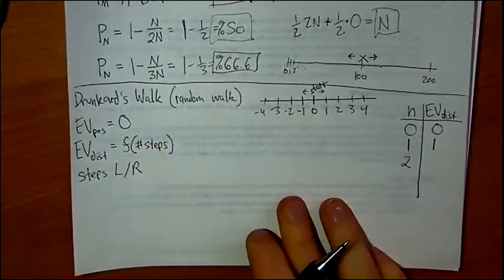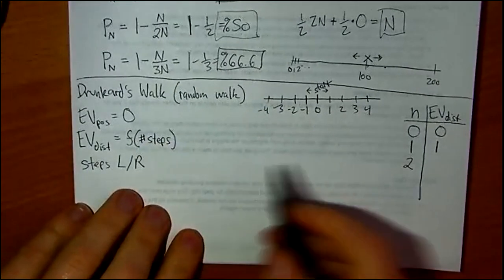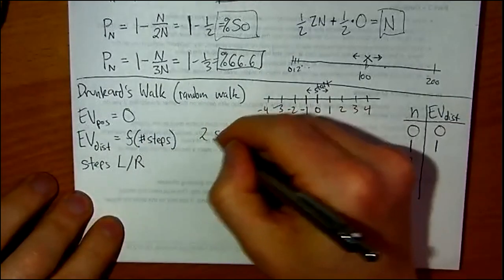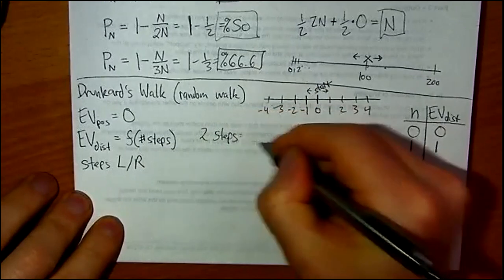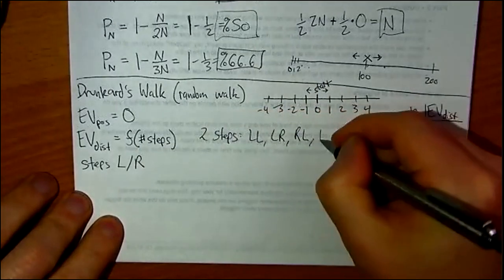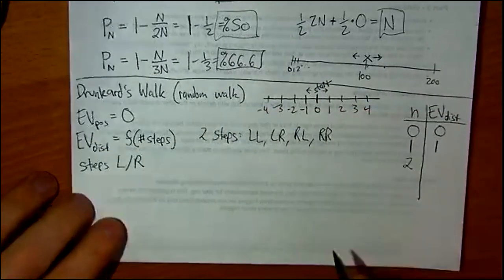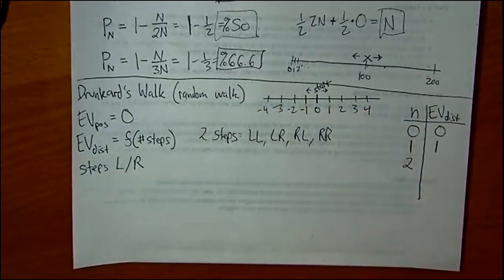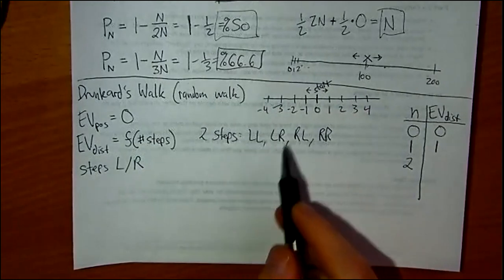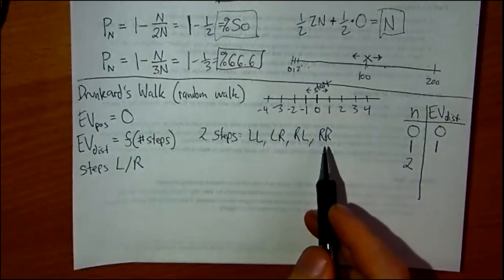Okay, good. So for 2 steps, I could go left, left, left, right, right, left, or right, right. And each of these is a 1 in 4 chance because it's all random, right? So these are all equally likely to happen.